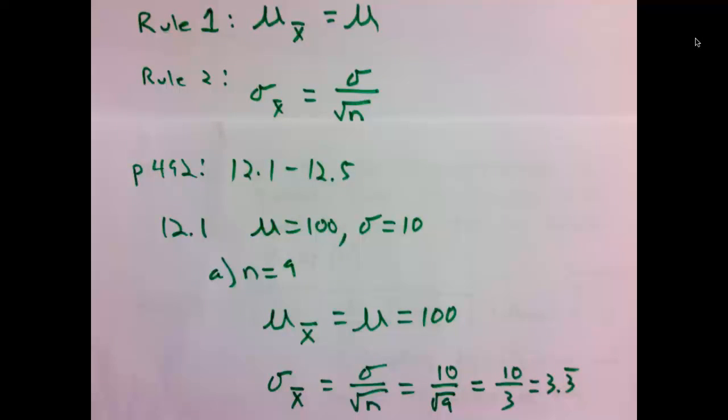12.2 says, for which of the sample sizes given in the previous exercise would it be reasonable to think that the x bar sampling distribution is approximately normal in shape?